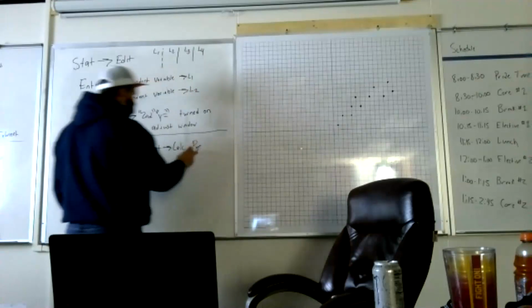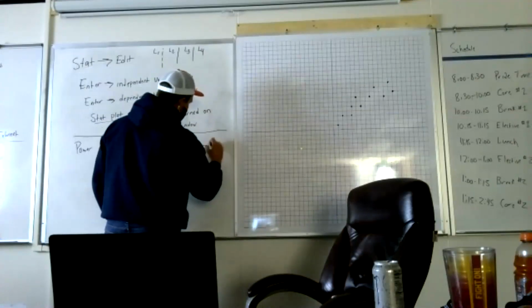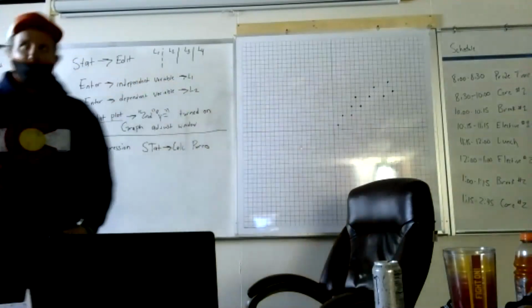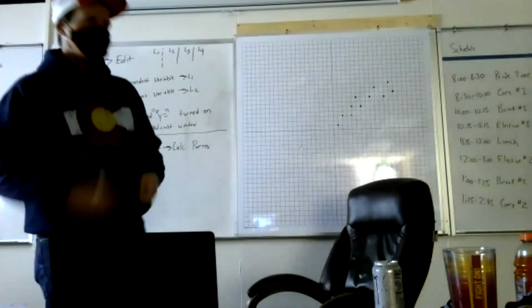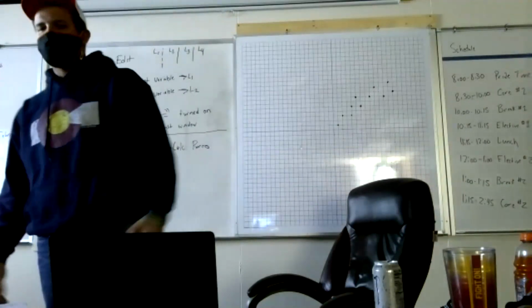Or we'll find, after we hit Calc, there'll be an option for PWR regression. Power Reg. Okay, I think on the TI-83, it's like selection 11. Okay, on the calculator app, it actually says Power Regression.